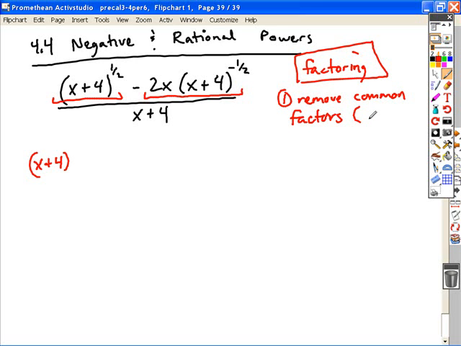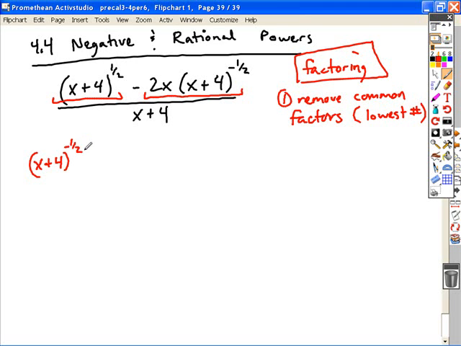And whenever you remove common factors from powers, you're always going to remove the lowest number. The lowest number is the number that's located furthest to the left on a number line. So which of these powers is lower, 1/2 or negative 1/2? That's what you're going to remove.